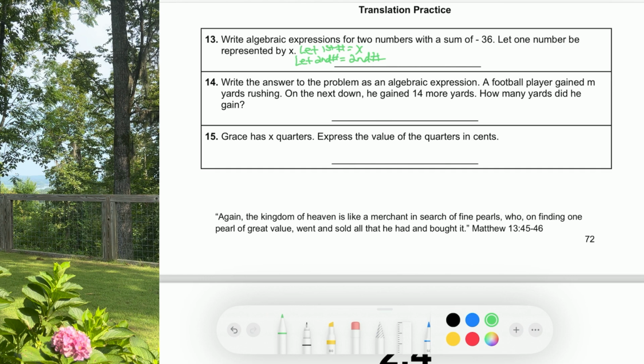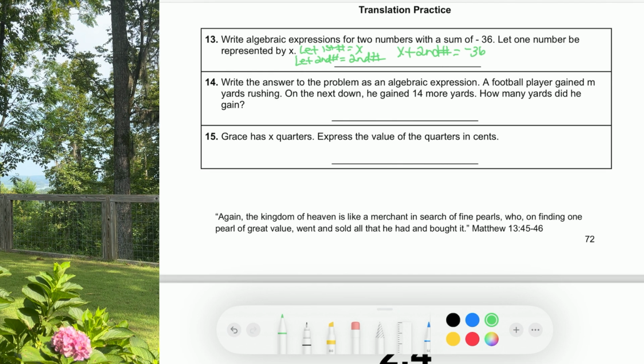And they tell us that the sum of these two numbers, so x plus the second number, equals negative 36, okay? Now I told you we're working with an expression, and expressions say we're not going to have an equal sign.